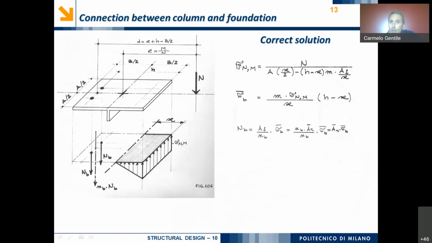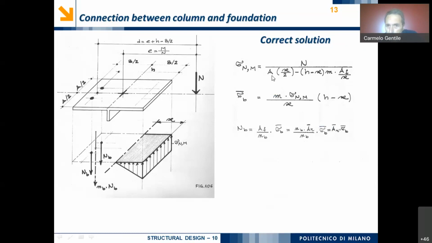In order to obtain the value of the normal stress in the contact surface, I can use this equation. So at the denominator we have the axial force capital N.